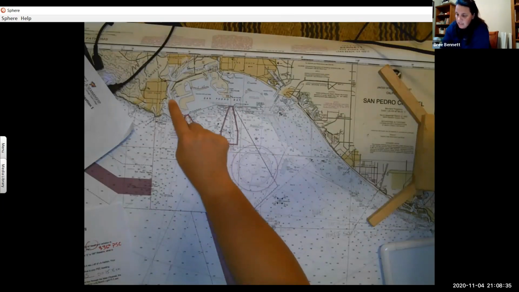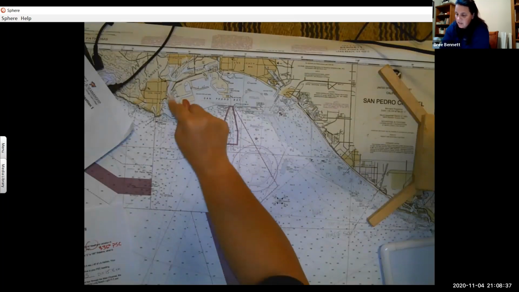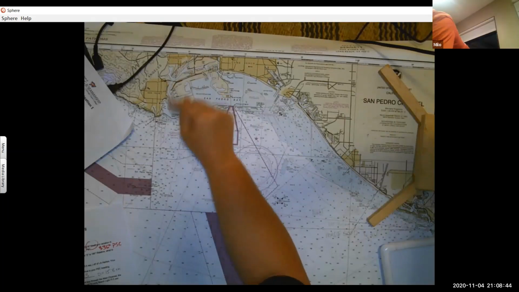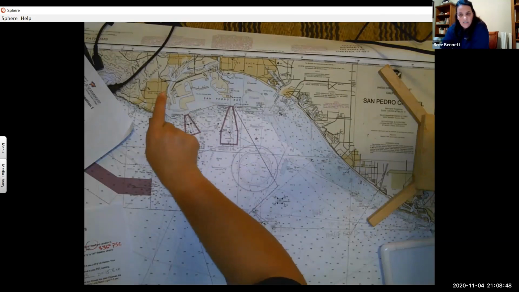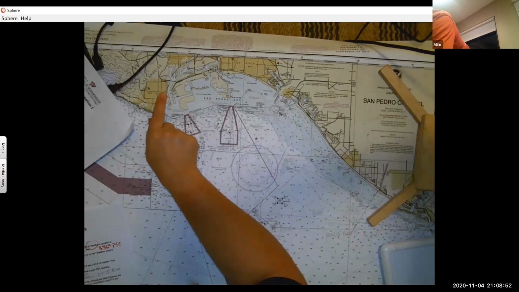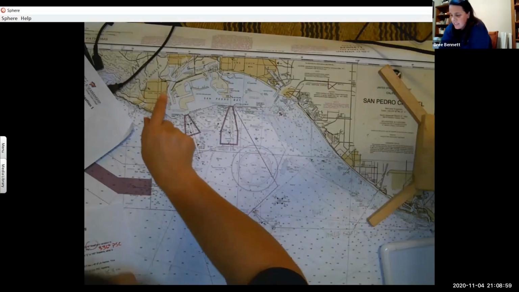And then we cruise around Terminal Island, or in here, San Pedro. They have all the restaurants and the fish markets, and they're redoing it. Anyways, they're redoing it.